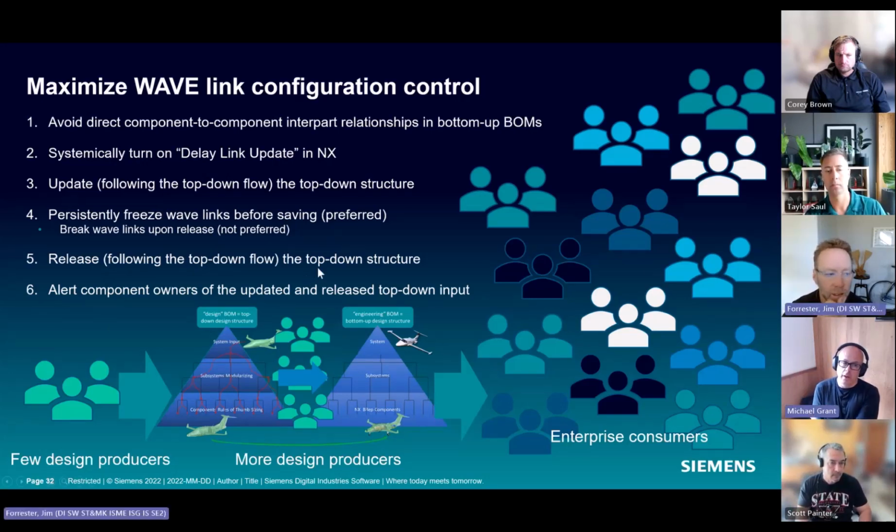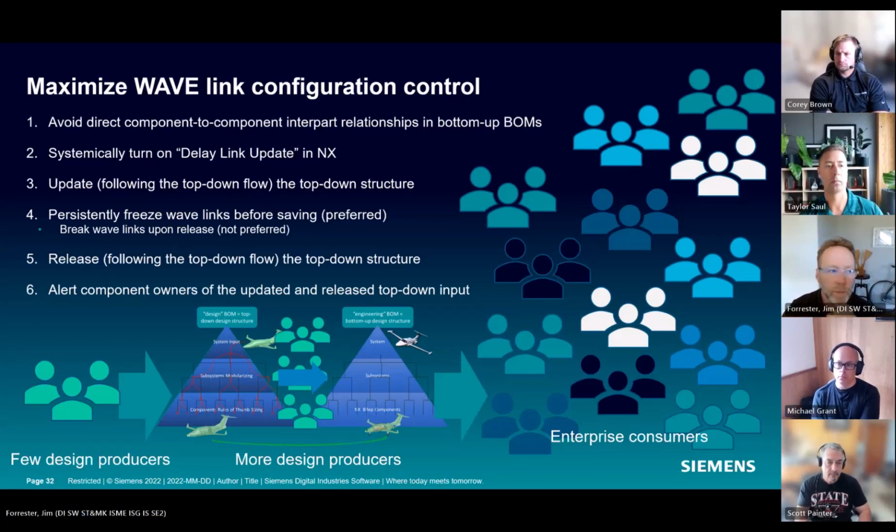And how do you do that? What does that mean, persistently freeze? There's a capability in the wave control module to freeze a wavelength. It doesn't break the wavelength. It just says don't update. Even if you see your source, do nothing.